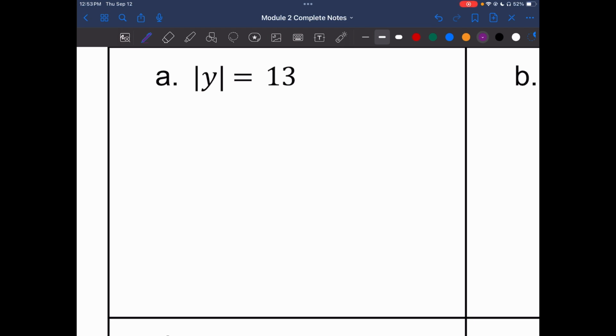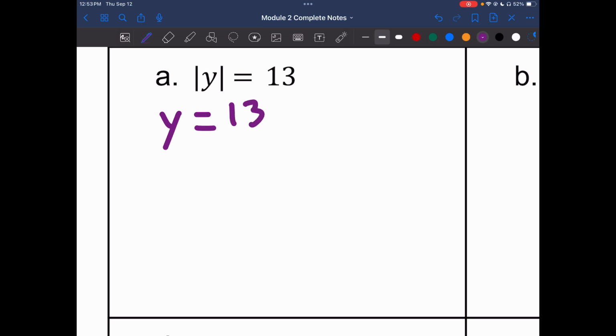Now, when we are solving one of these equations, essentially what we're trying to do is figure out the possible values of the variable that, when we took the absolute value of it, we get a positive 13. Once you have the absolute value isolated, we're going to split this into two equations.